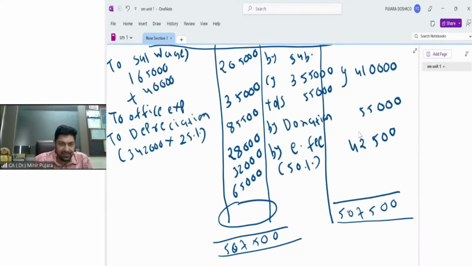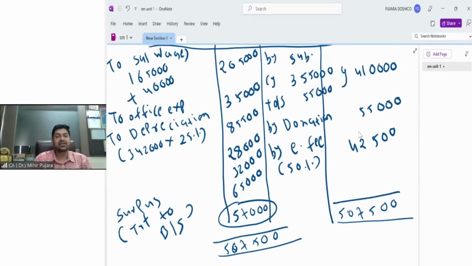So it will be surplus. It will be transferred to balance sheet. Clear, guys? It will be transferred to balance sheet.